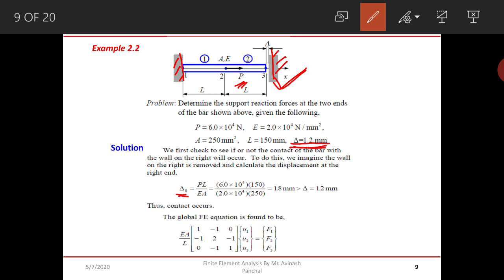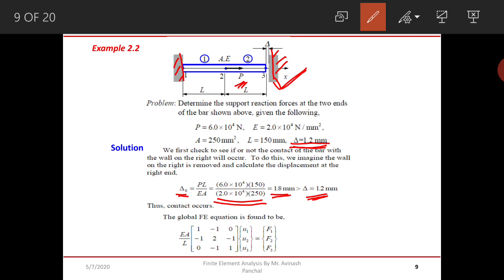The entire deflection in the bar may be calculated with the simple relation PL upon EA, and by putting in all the necessary values we get 1.8 mm, which is greater than the allowable displacement of 1.2 mm.